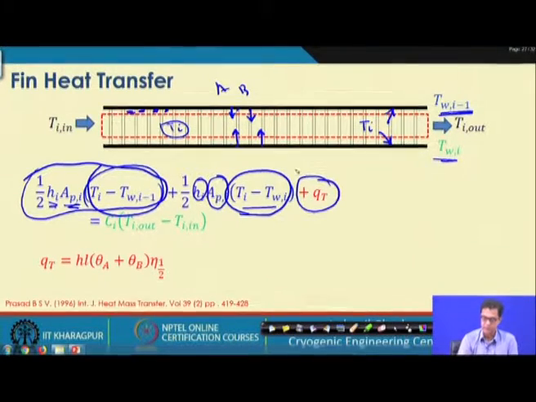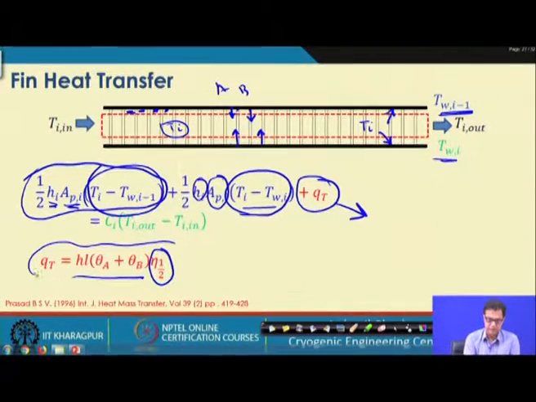And then we have Q T, which is nothing but Q A plus Q B, with eta half. In all cases, whether it is having transverse heat conduction or not, we can write this total heat transfer as h times fin length, and then theta A and theta B and eta half.